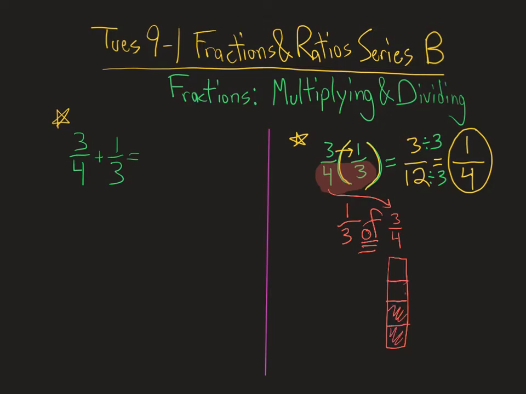We have this original amount of 3/4, and then we say, let's color code it a little bit, make it easier. I want 1/3 of that original amount. So I'm just going to come down here, and I could divide each of those into thirds, and then I'm just taking one little piece out of each of those.